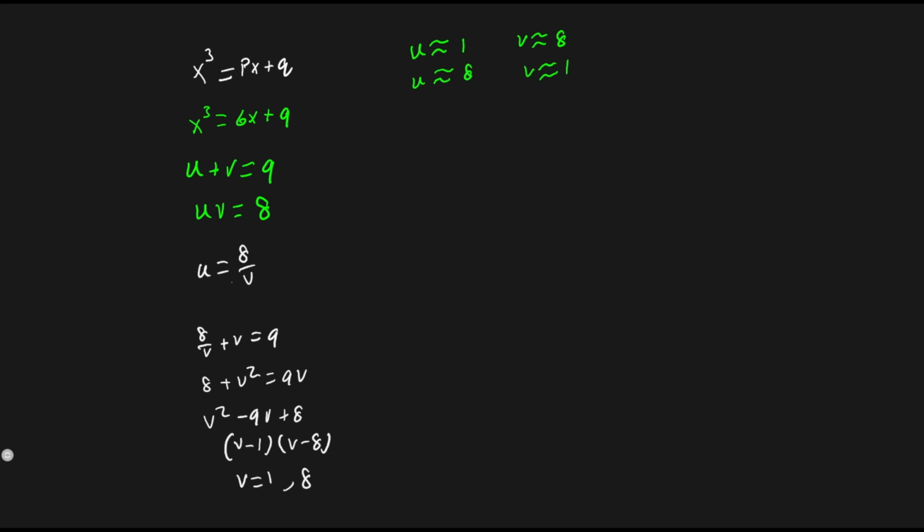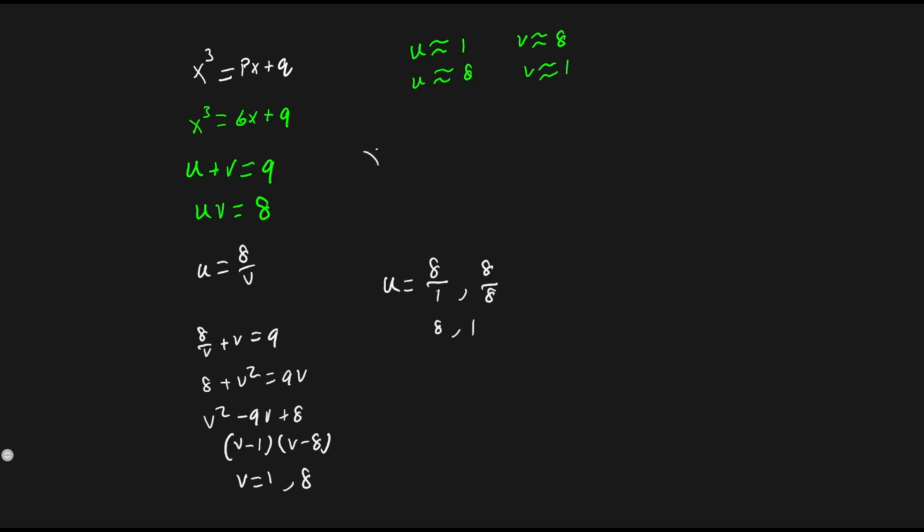And just plugging in v, we get u is equal to 8 divided by 1, 8 divided by 8, where we will get 8 and 1. So that satisfies our two other solutions for u.